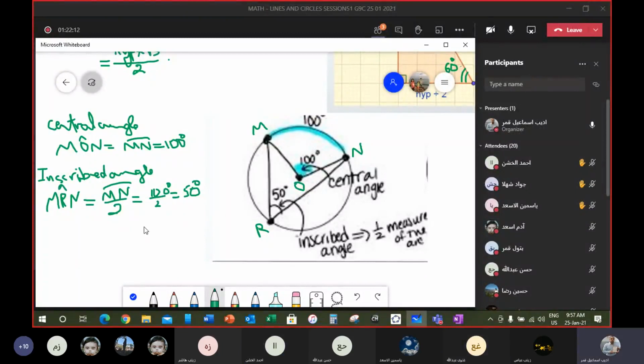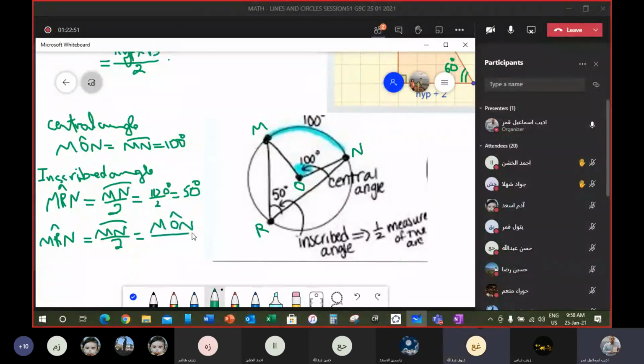So if these two angles, MRN and MON, are subtended by the same arc, we can say that MRN, the inscribed angle, equals arc MN over 2, and arc MN equals angle MON, so 100 degrees over 2 equals 50 degrees.